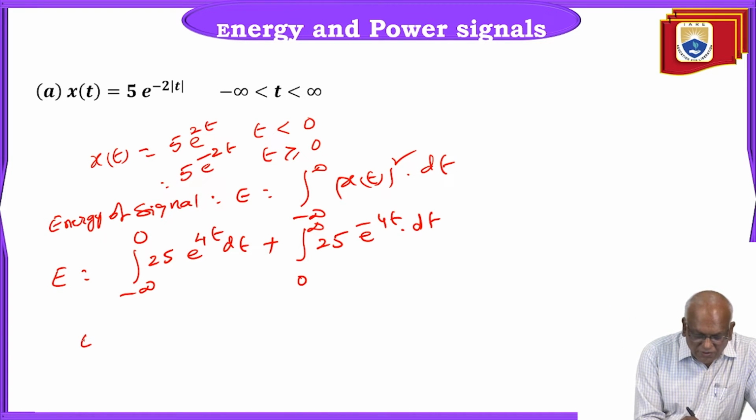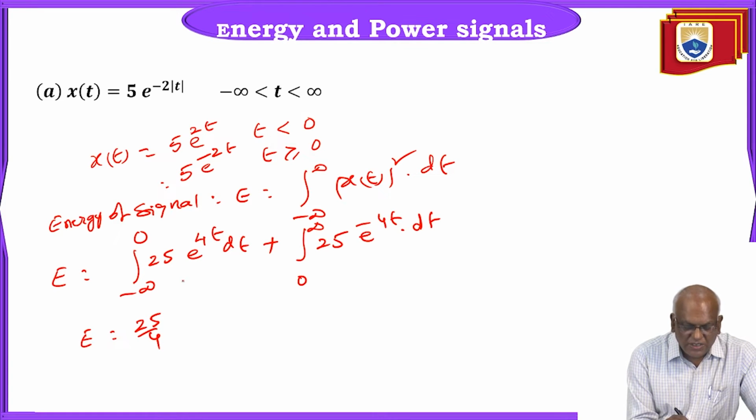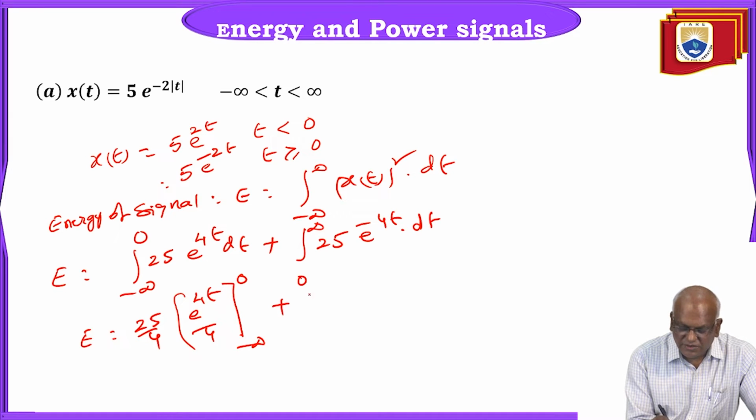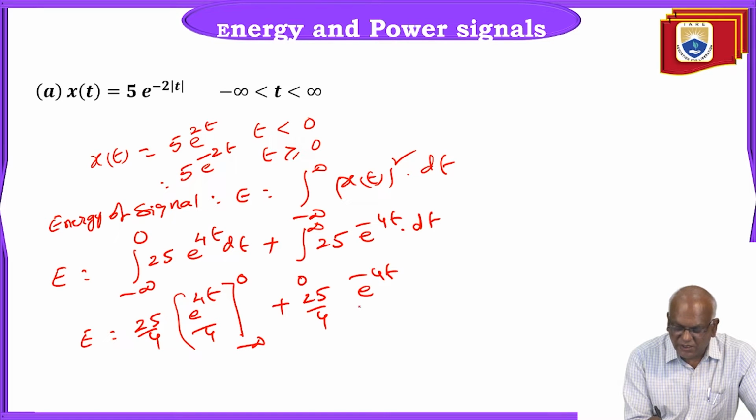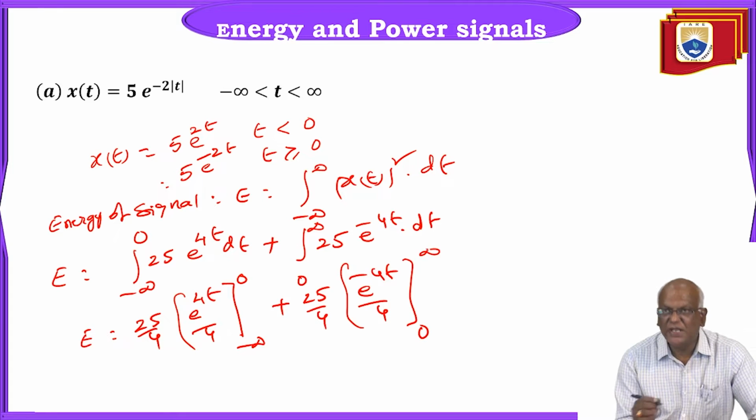Now E equal to 25 by 4 times the integral of e power 4t, which is given by e power 4t divided by 4, with limits minus infinity to 0. Also 25 by 4 times e power minus 4t divided by 4, with limits 0 to infinity. Now apply the limits.